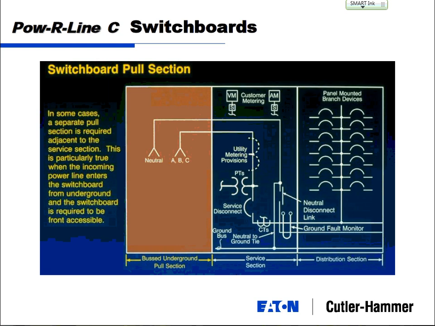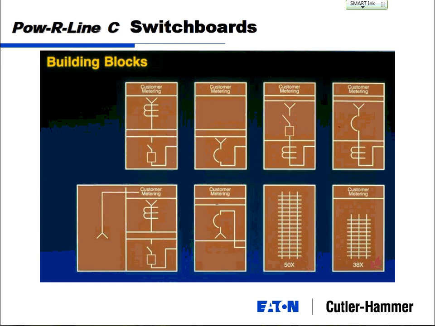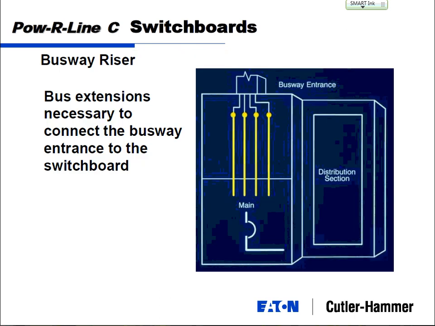In addition to your mains and your feeders, you can have cable pull sections which isolate your utility incoming area and keep all that separate. A switchboard is made by taking all these individual building blocks from a manufacturer and stacking them together.